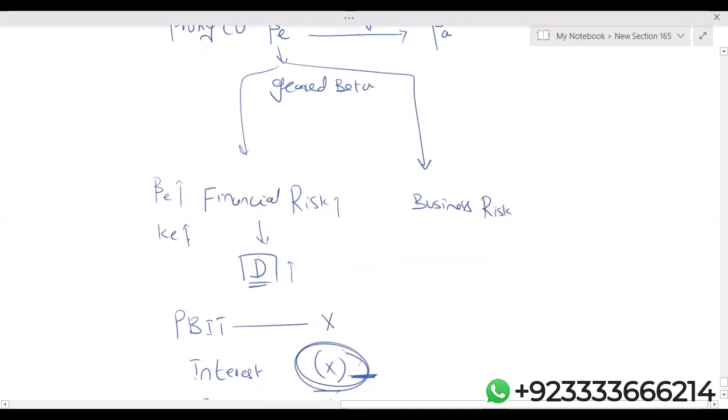Obviously, shareholders will demand a higher rate of return. So when loan increases, financial risk increases, equity beta will increase, and then definitely KE will increase, because shareholders demand a higher rate of return.